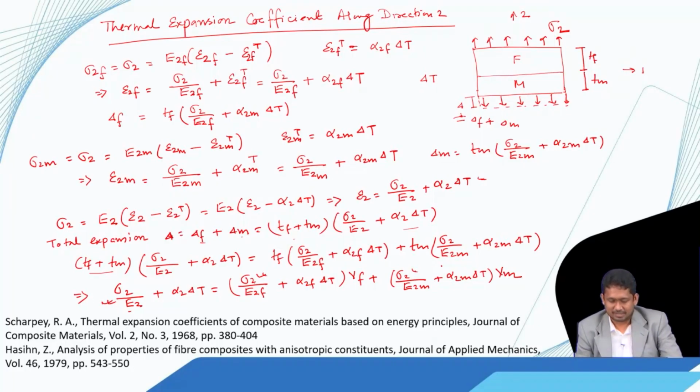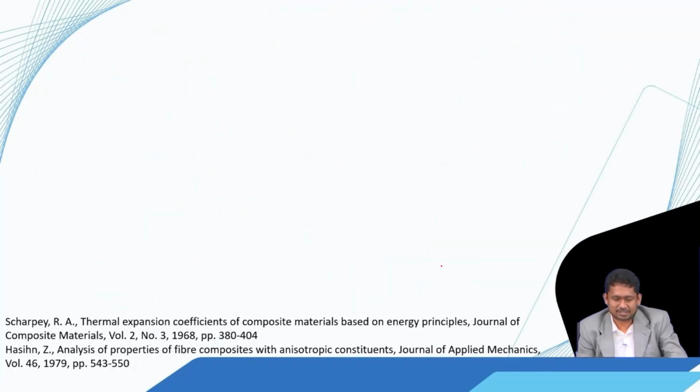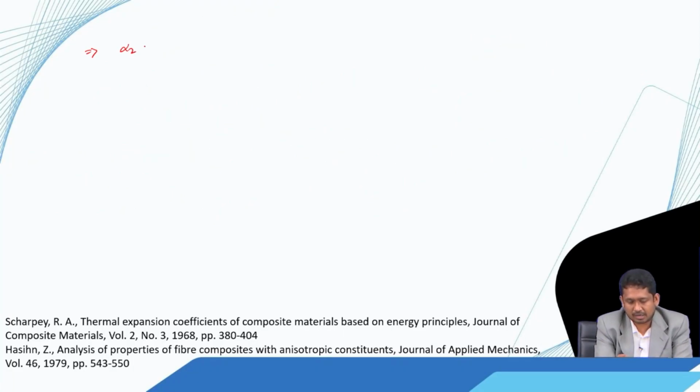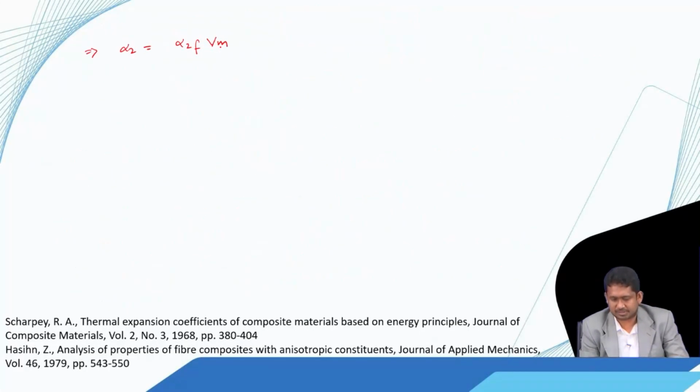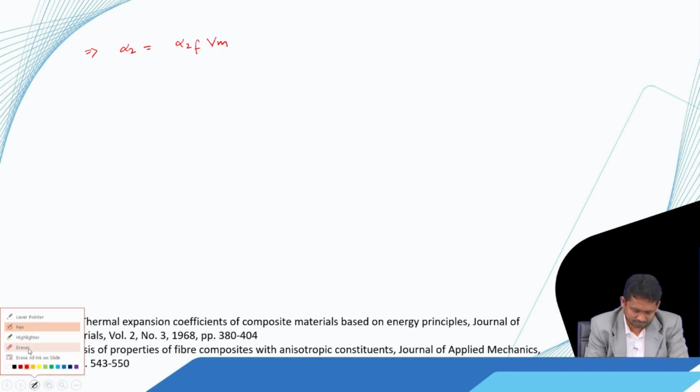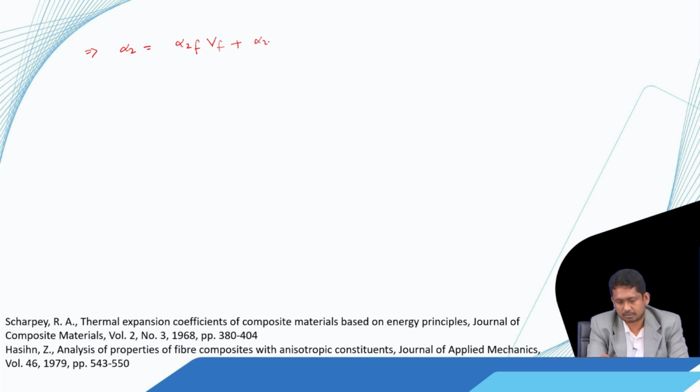If I separate that, finally we get alpha 2 is equal to alpha 2f multiplied by Vf plus alpha 2m multiplied by Vm. So, that becomes the relationship between alpha 2 and the alpha 2s for the constituents, matrix and fiber.